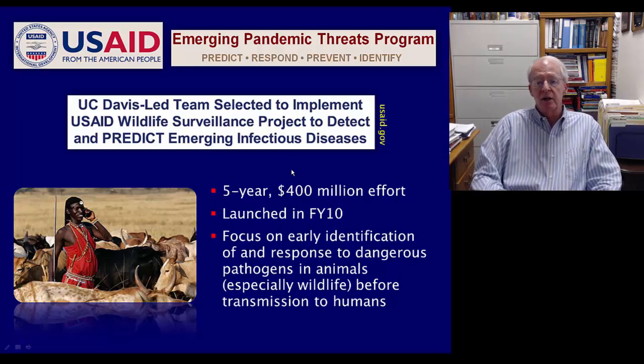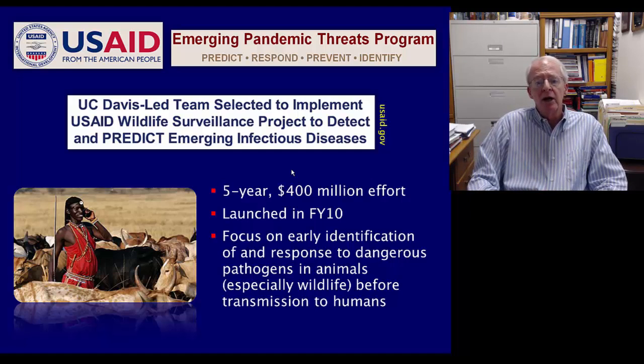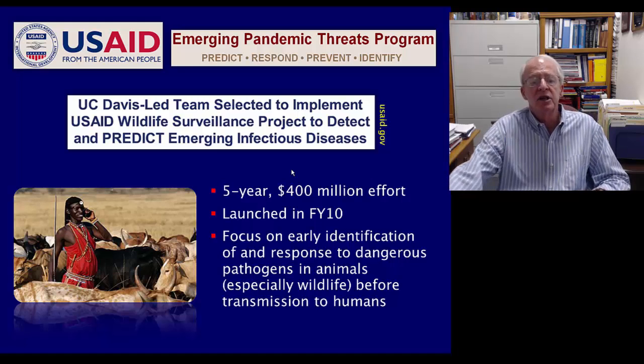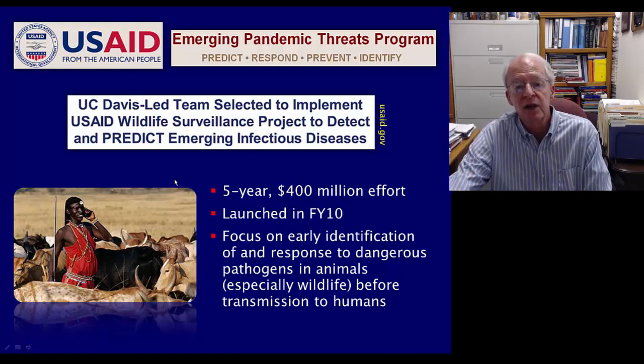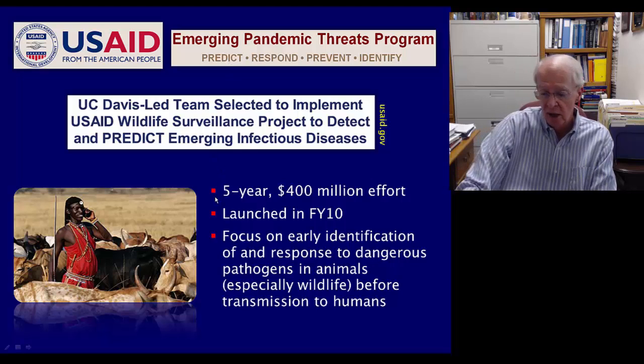It was launched in fiscal year 2010. And it focuses on early identification of and response to dangerous pathogens in animals, especially in wildlife, before transmission to humans. A team led by UC Davis has been responsible for the PREDICT component of this emerging pandemic threat program.